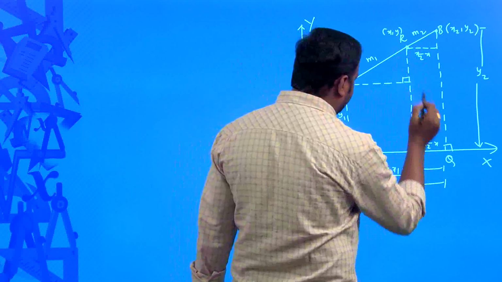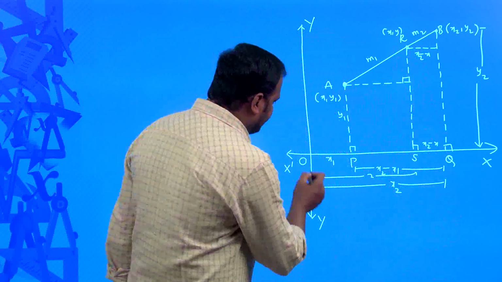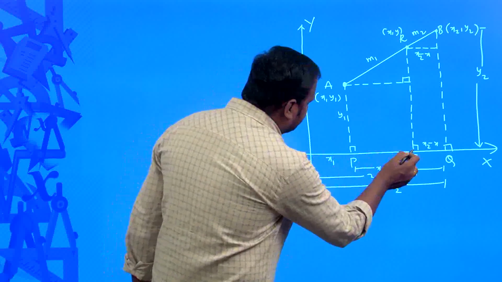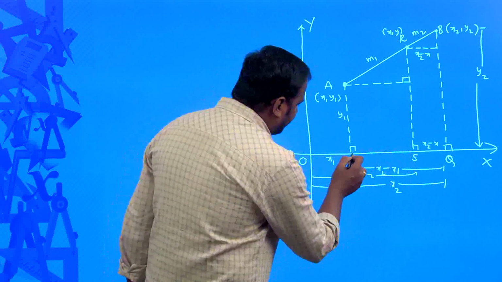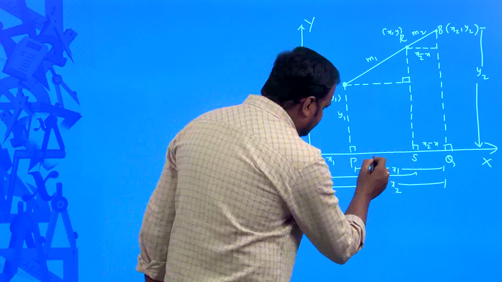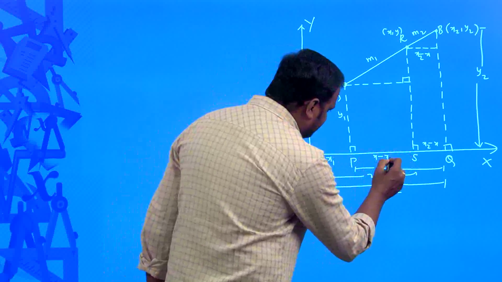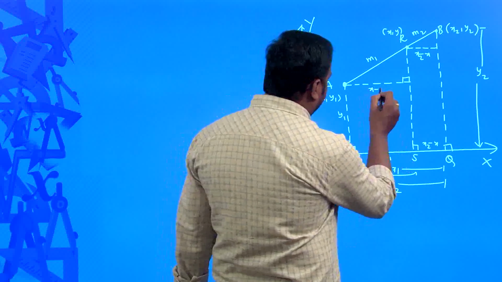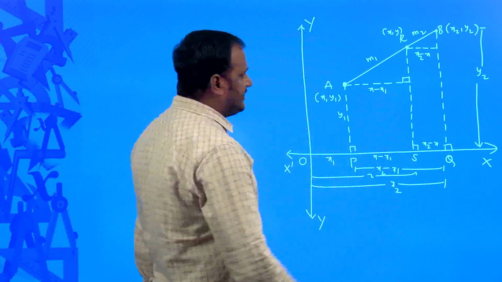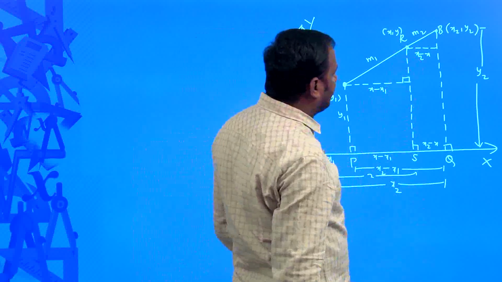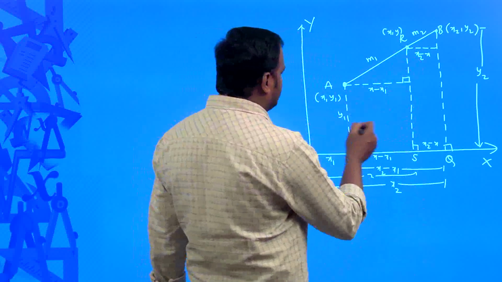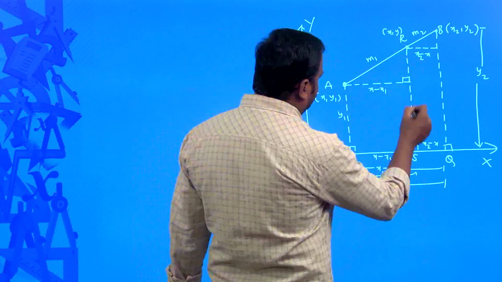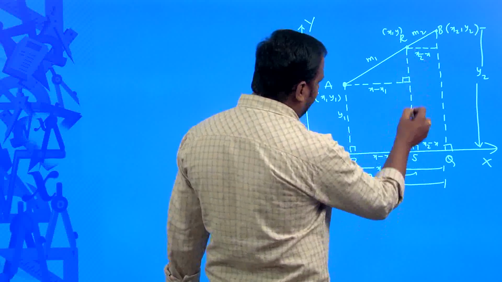So, what does this perpendicular mean? From here to here it is x, and from here to here it is x1. So, this distance is x minus x1, right. If this is x minus x1, this is also x minus x1, correct. And now we are going to find the vertical distances. Once you observe, this is y1, this is also y1, but from here to here it is y and this is y1.